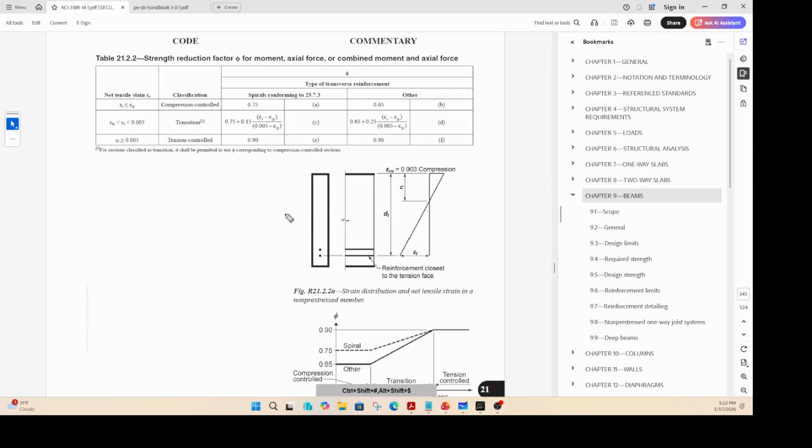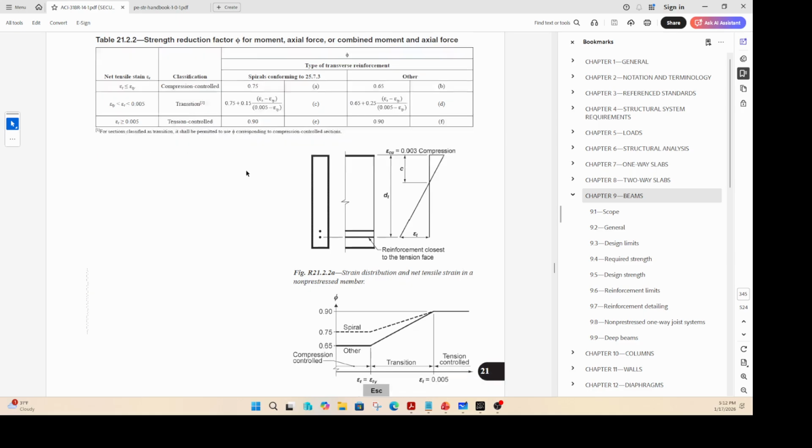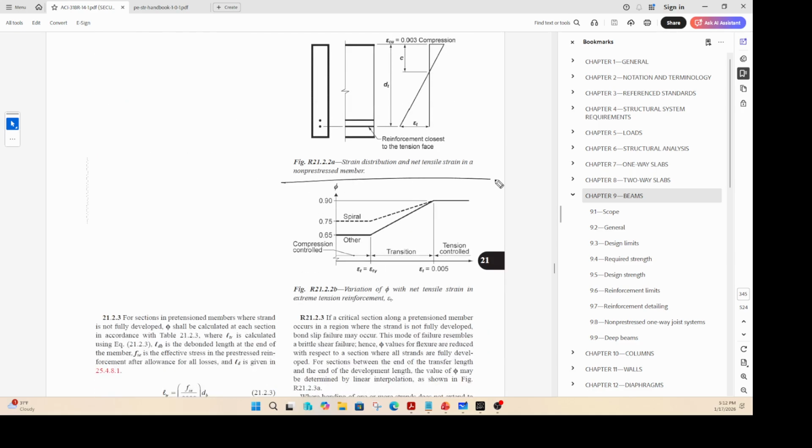This is the most important page when it comes to beam design. If you want to solve any problem on beams, be it flexure, finding the flexural capacity, or finding the shear capacity, you need to understand this particular table here. There are different zones in this table. I think the easiest way to explain is looking at this diagram here. Firstly, the x-axis is the strain in steel.